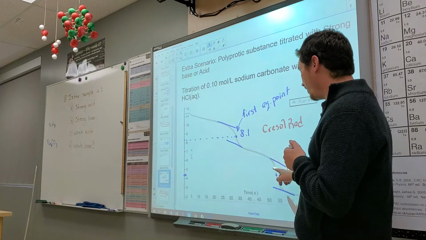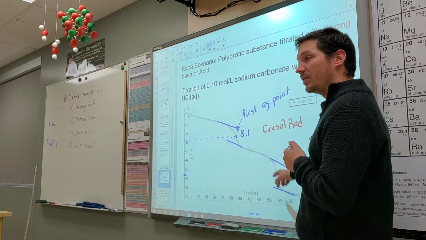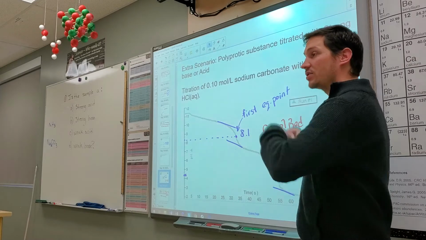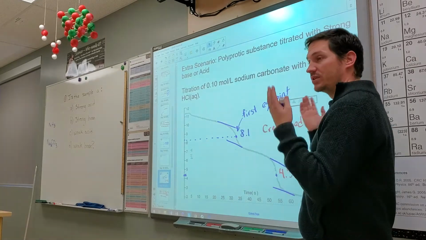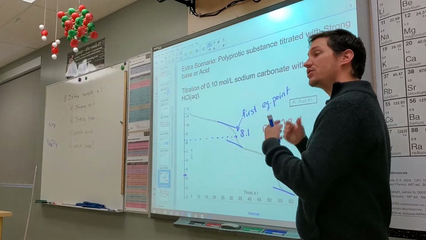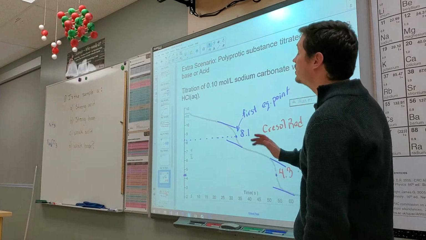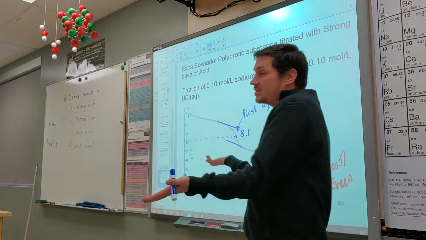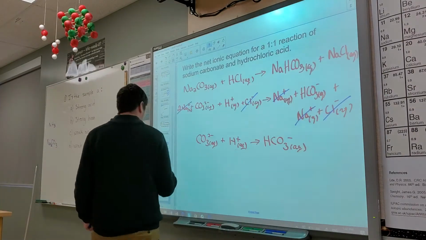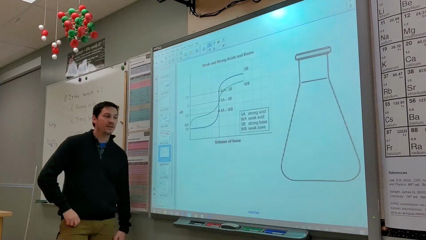And then at this point, the HCO3 and the H+ are all reacted, and we're done. We only have H2CO3 left. Does that kind of make sense? We only have H2CO3 here. H2CO3 is carbonic acid. It's a weak acid. Okay? Hopefully that kind of makes sense.